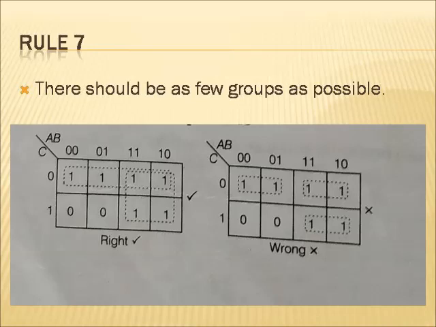So we have to consider there should be as few groups as possible. So we have to reduce the number of groups. The same point I tried to explain in the previous slide. Okay, so I hope this will reduce the confusion, right?